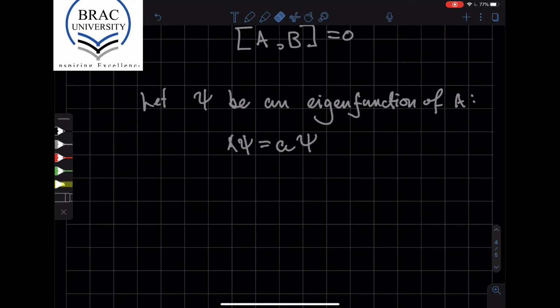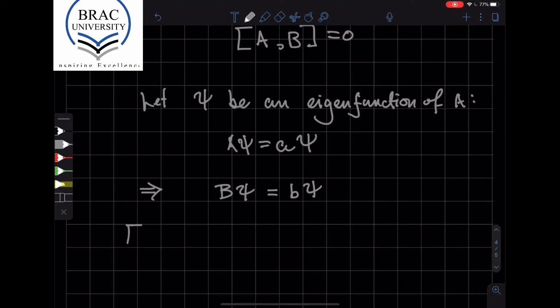Then the theorem states that psi is also an eigenfunction of B. So this implies that if B acts on psi, then psi is also an eigenfunction for some number b.